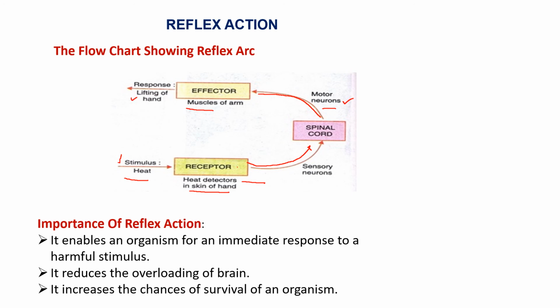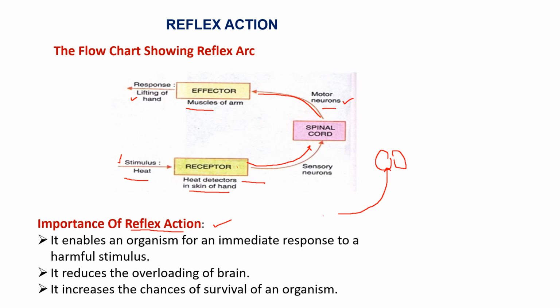Now what is the importance of reflex action, children? Have you ever thought about the importance of reflex action? Why can't the brain play a role over here? No, the brain cannot play a role here. You know why? Because if the information goes from your hand towards the brain, this pathway is quite long.